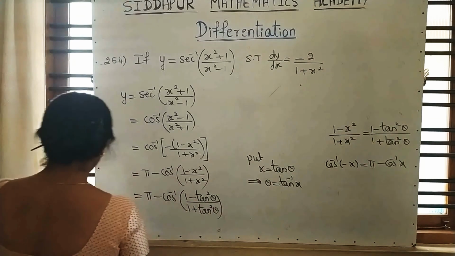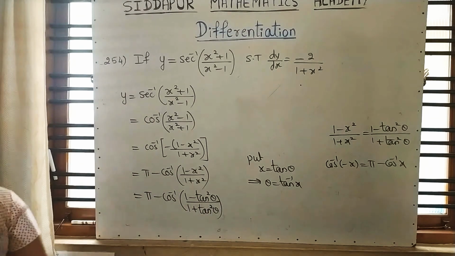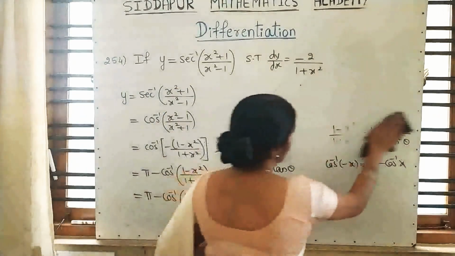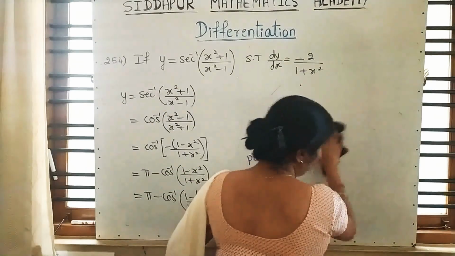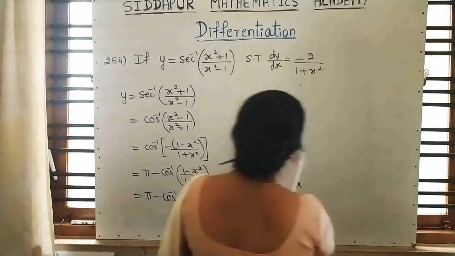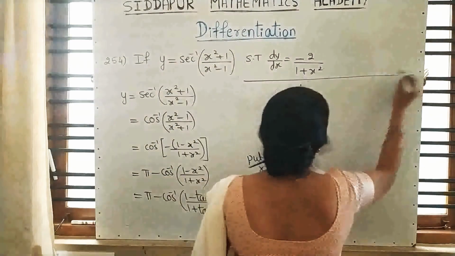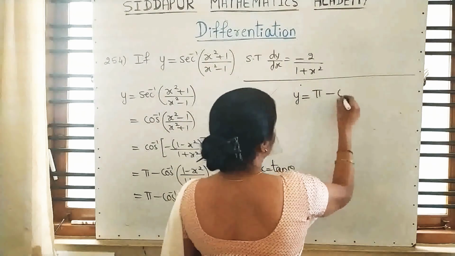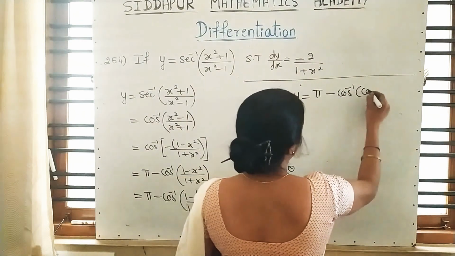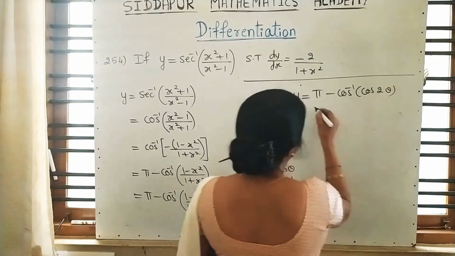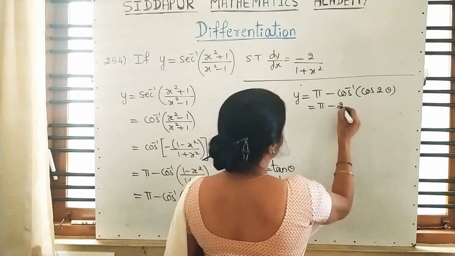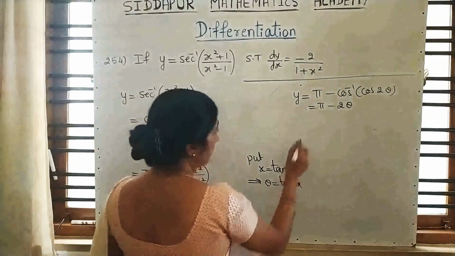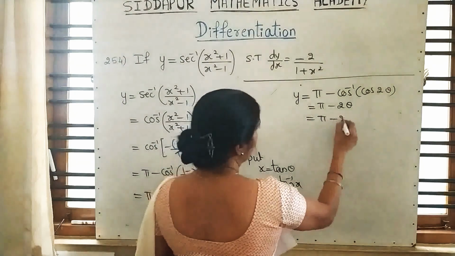And 1 minus tan square upon 1 plus tan square is cos 2 theta. Cos inverse and cos cancel. 2 theta is remaining, but theta is tan inverse x.